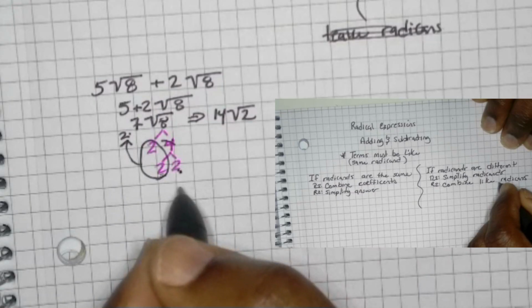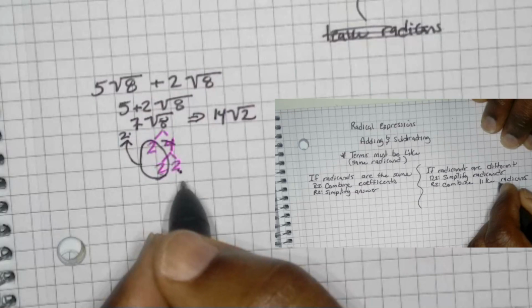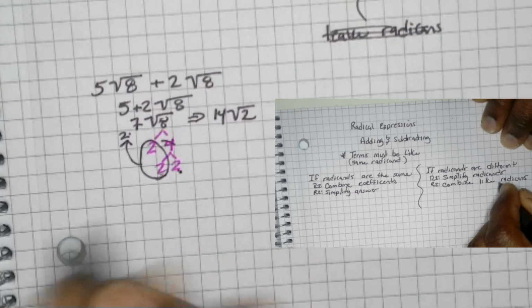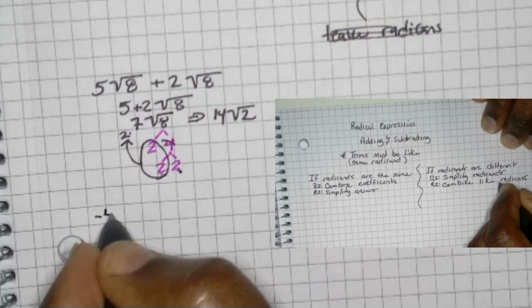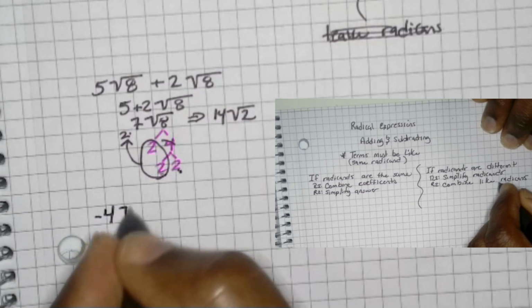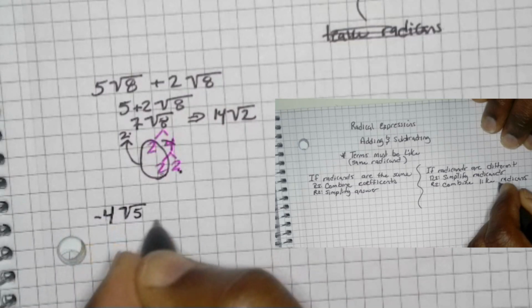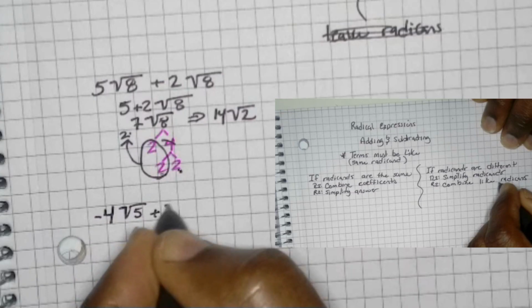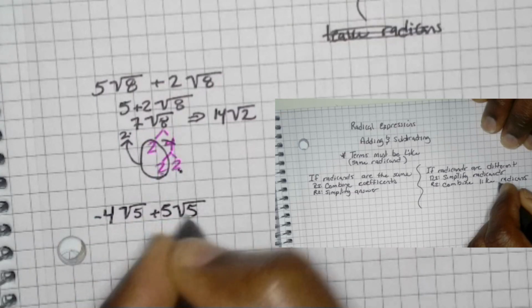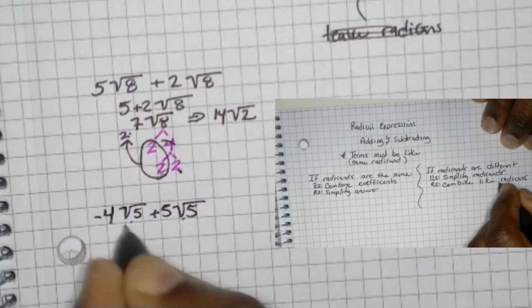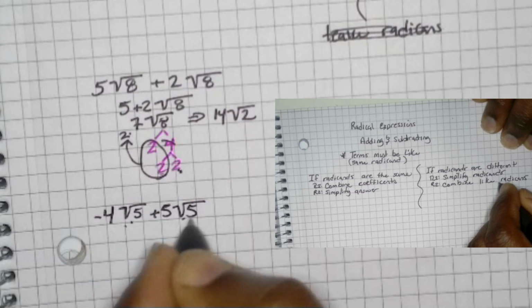All right, let's do another one. Another one would be -4 square root of 5 plus 5 square root of 5. All right? Are the radicands the same? Yes, both of them square root of 5.